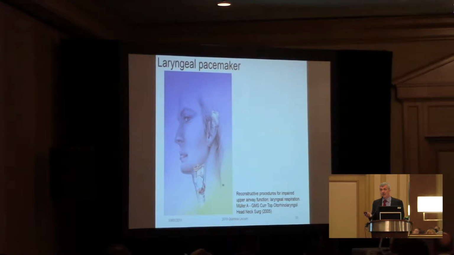So for paralysis, for example, a device is being introduced called the laryngeal pacemaker, which essentially tries to put an electrical current in the laryngeal nerve to try to restore a little bit of vocal function. And you could think that with carbon nanotubes, it would be possible to add an actuation component to this and actually make the vocal fold vibrate externally.